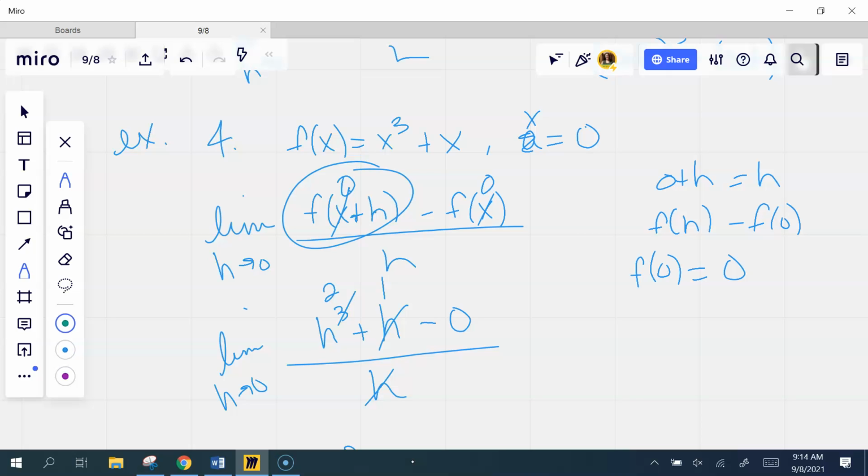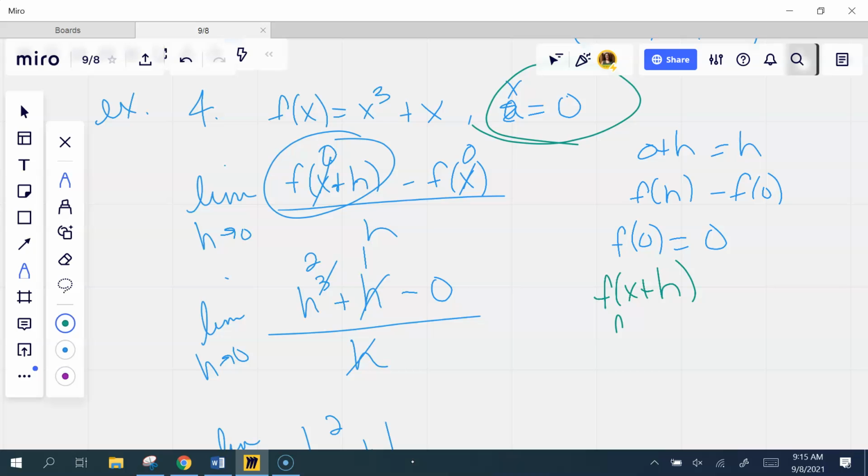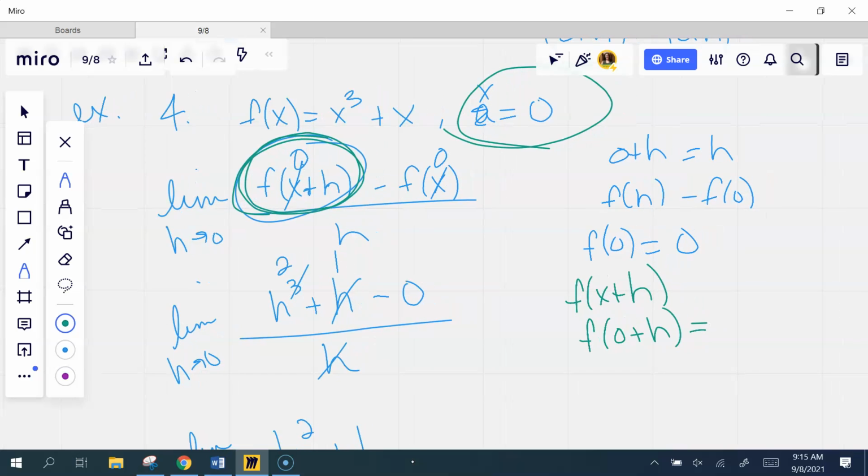Okay, f of x plus h. My x I know is 0, because that's what it told me to start with. So I'm finding f of 0 plus h. We agree with that for this very first one. So what is f of 0 plus h? 0 plus h is h. I can simplify that before I do anything else. Now take the original f of x.